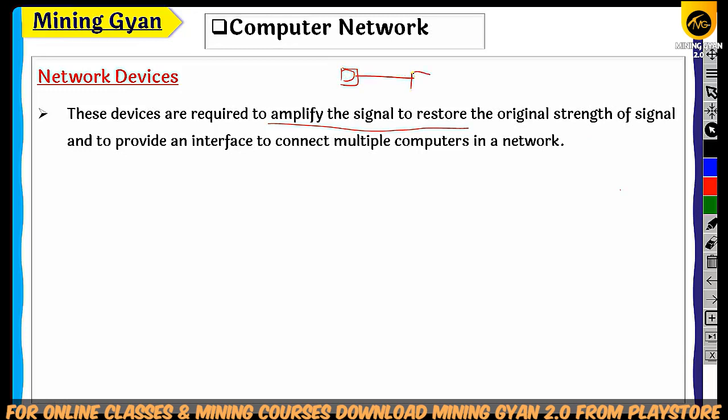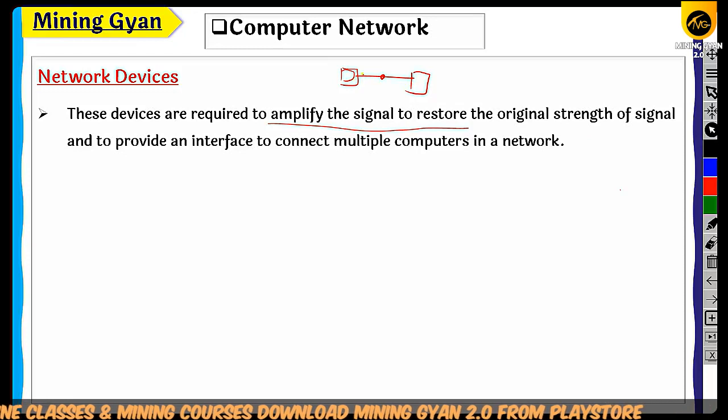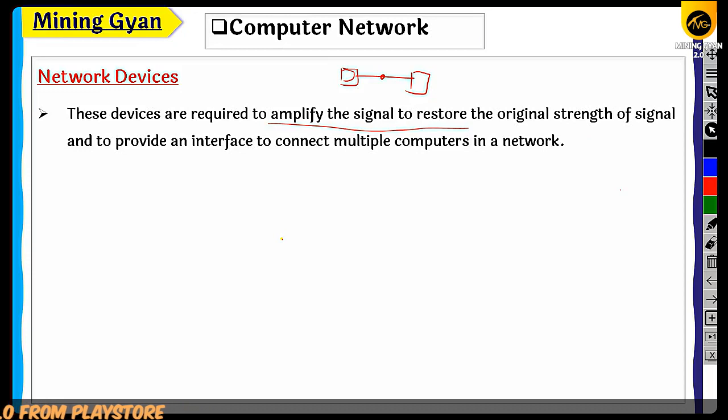Between the two devices there is a medium used to transfer the signal from one place to another. But in between, there is a chance the signal will become weaker during transfer. That's why we need to amplify that signal.